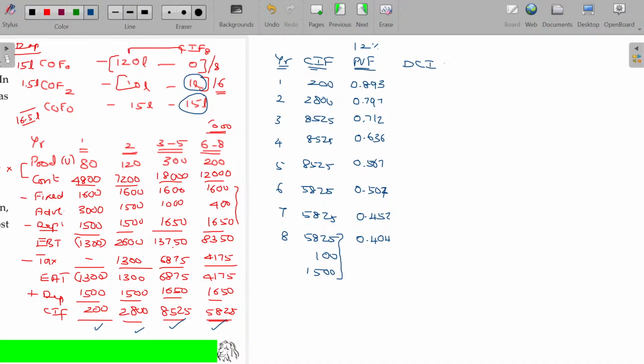Discounted cash inflow. You multiply these two to find out the discounted cash inflow.